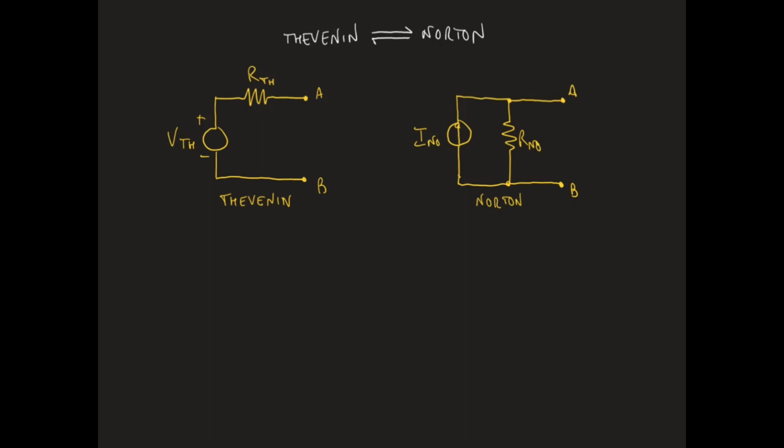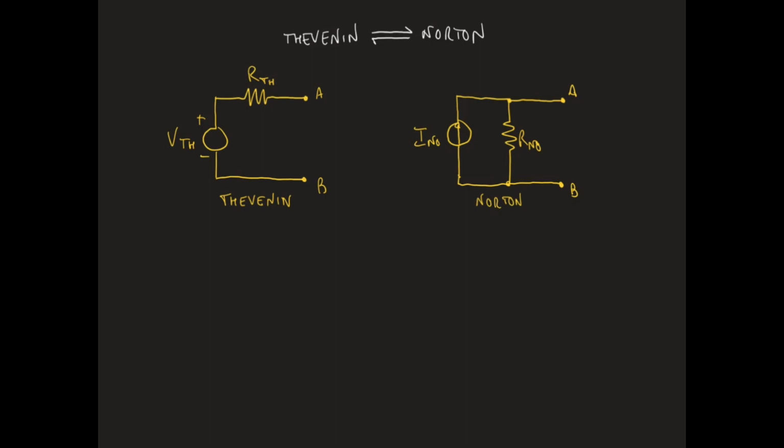Note that if a Thevenin circuit is equivalent to a given two-terminal network and a Norton circuit is equivalent to the same two-terminal network, then the Thevenin circuit and the Norton circuit must be equivalent to each other. So the open circuit voltage between nodes A and B and the short circuit current between the same nodes must be the same for the two equivalent circuits.